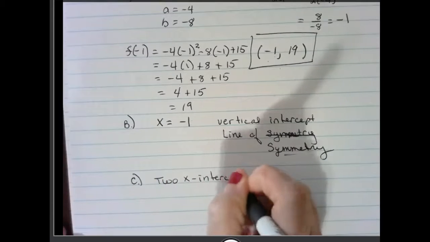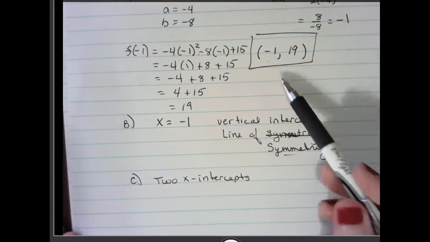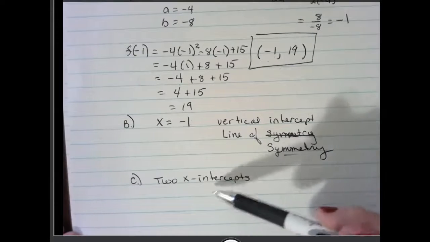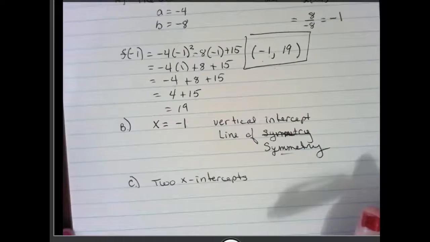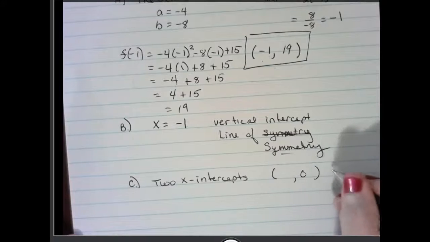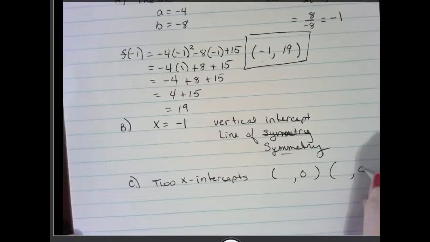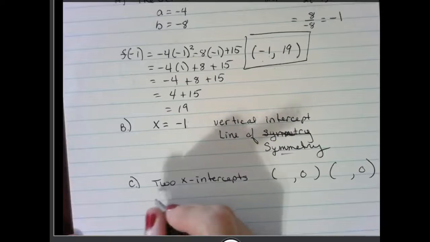And if you've graphed this, again, it's open down with a vertex of this, so it's going to cross the x-axis. So in order to find the x-intercepts, remember that's where y equals 0. So we'll have 2 of them, where y equals 0. So we need to figure out what those x values are.